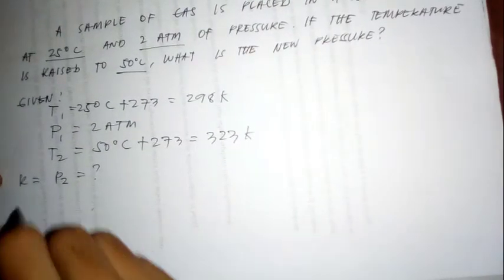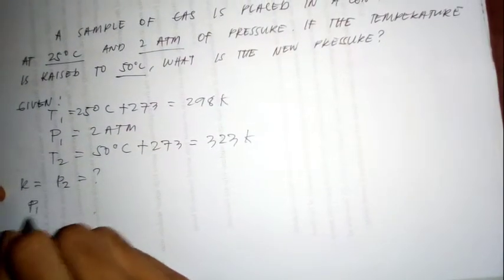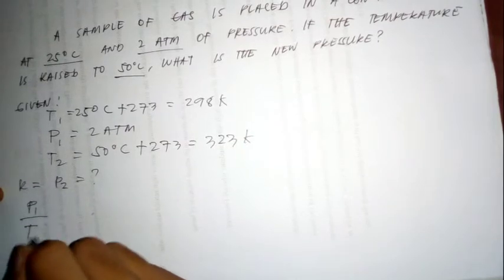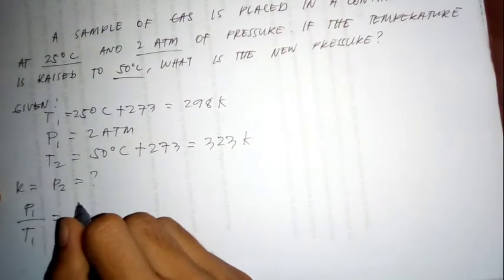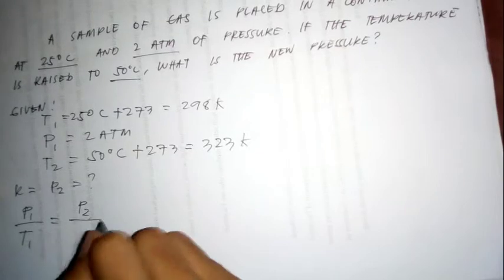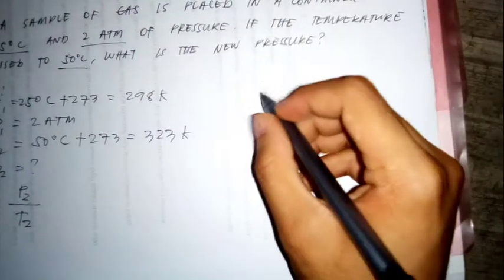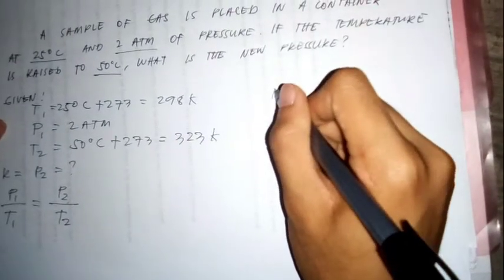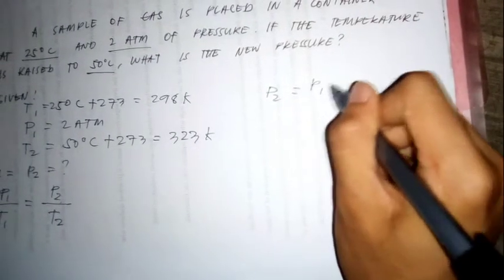So the formula is initial pressure over initial temperature is equal to final pressure over final temperature. So substitute: P2 is equal to P1 multiplied by T2 over T1.